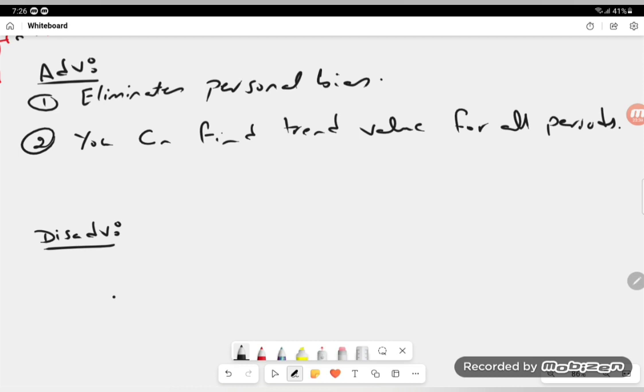What about the disadvantages? The calculation is much more difficult than semi-average or moving average. If you would like to add any new observation, this means you have to recalculate or redo all the steps.